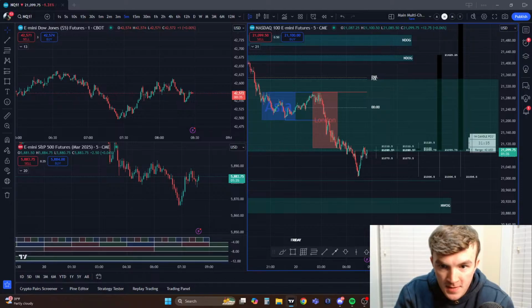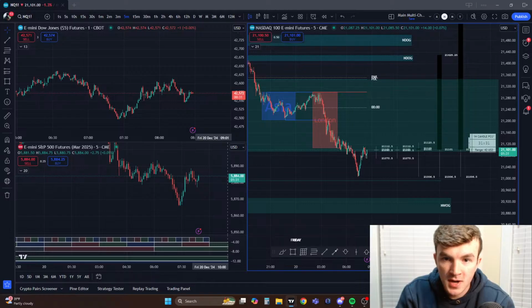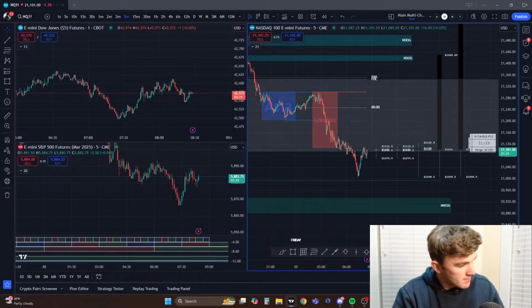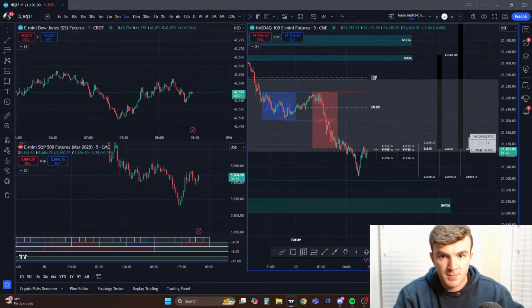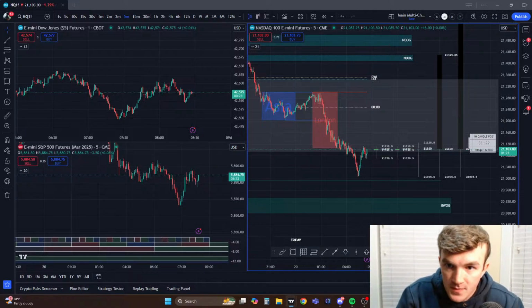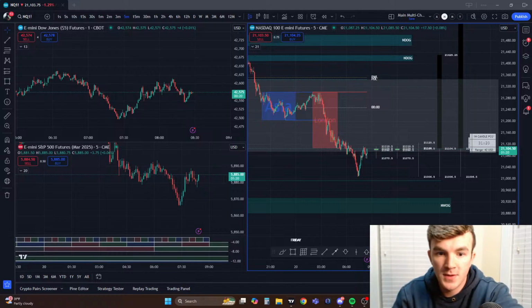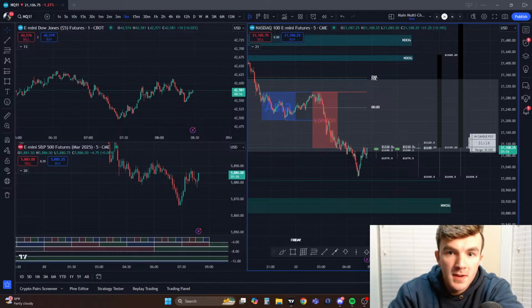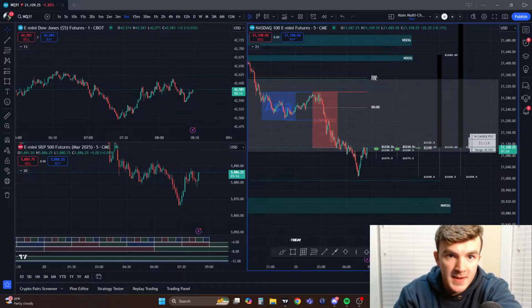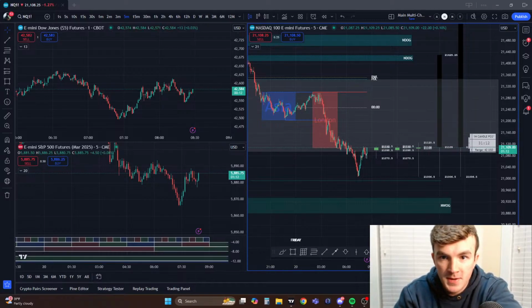Okay, so first thing I'm noticing is we've pushed further into this weekly gap, which is honestly what I was expecting. I'm expecting this gap to be broken.